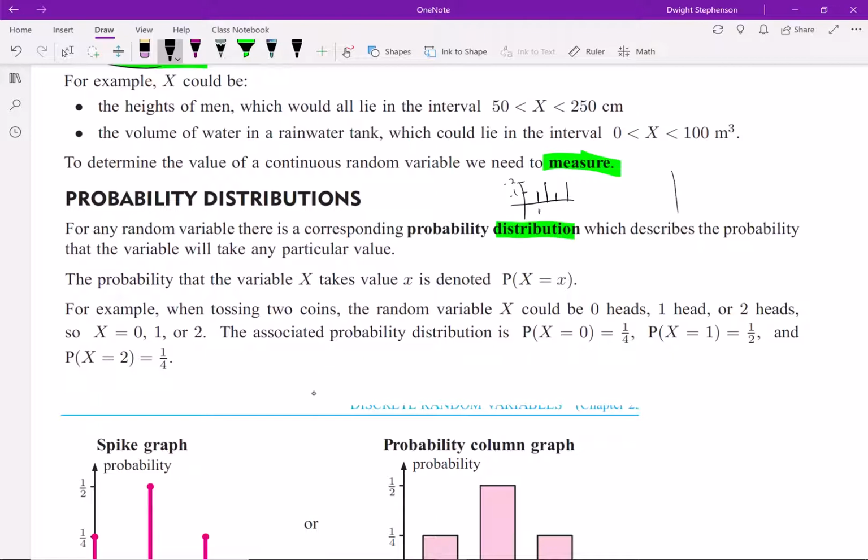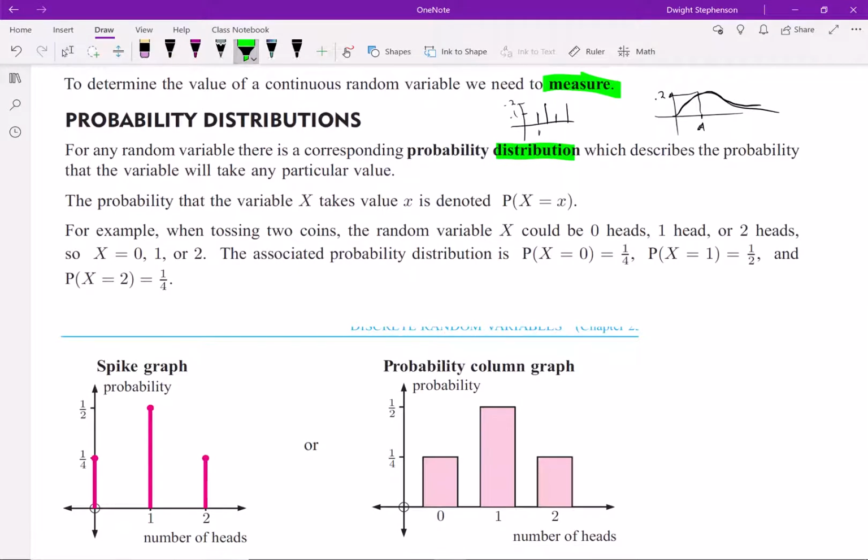And for a continuous variable, you might see something like this, where if I want to know the probability of event A happening, I might just look here, and the probability of event A is 0.2. So distribution just means there's a shape to the way that the probabilities are looked at, and we'll talk about that in a second.